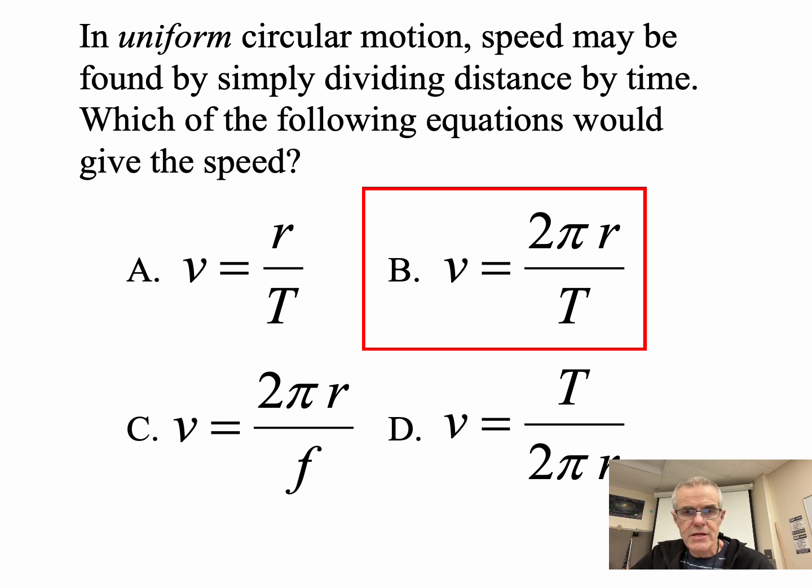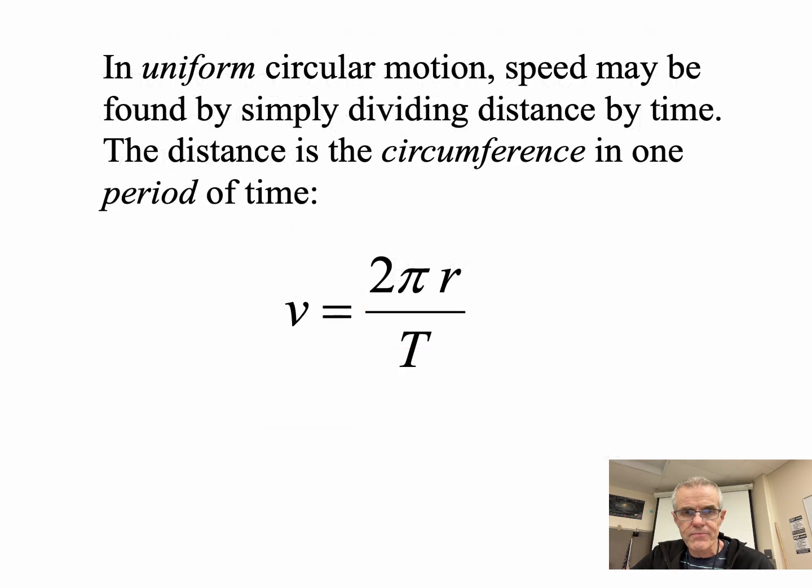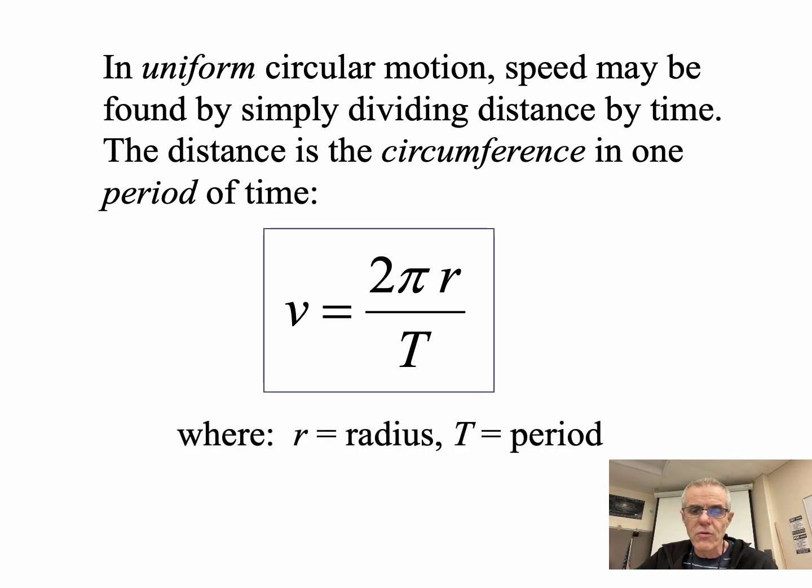I hope you picked B. Distance per time. For circular motion, the distance is a circumference, and the circumference of a circle can be found by 2 pi r. And we already talked about this special symbol that capital T represents period.